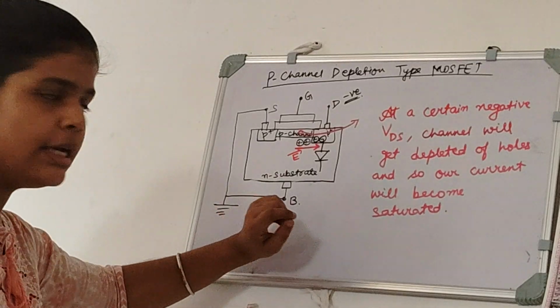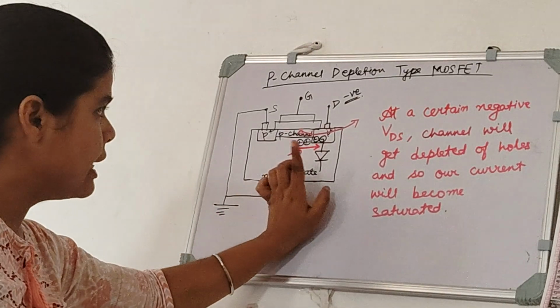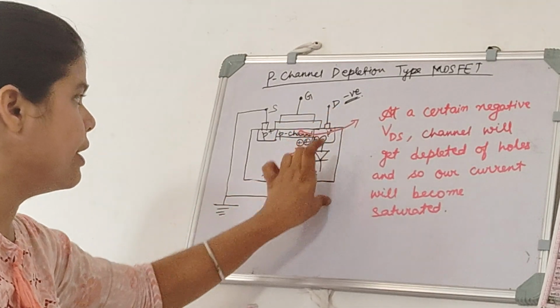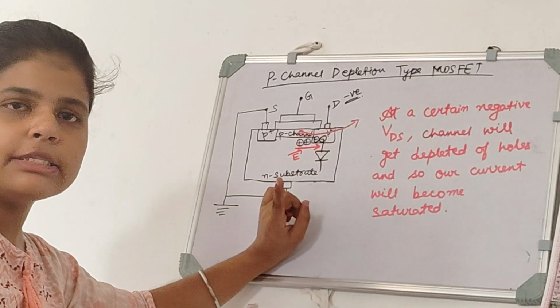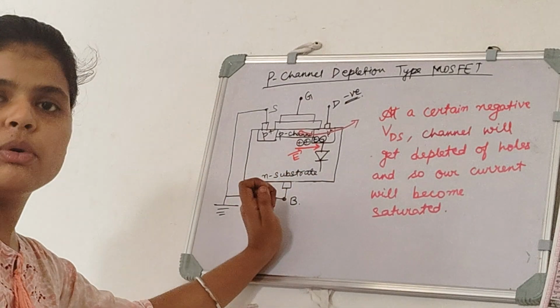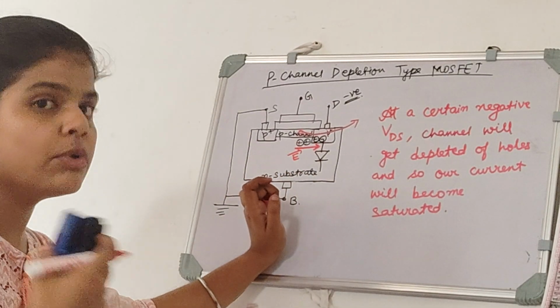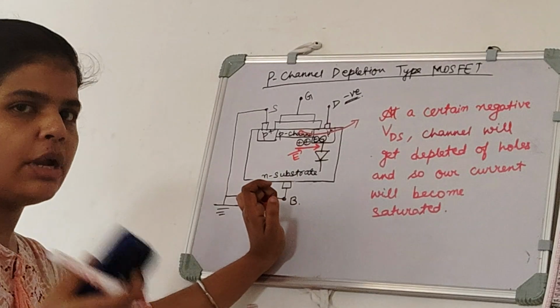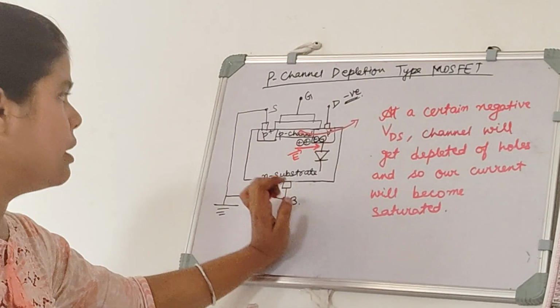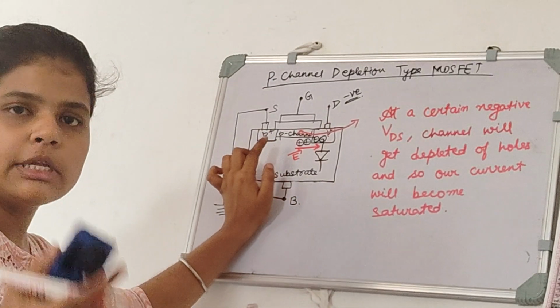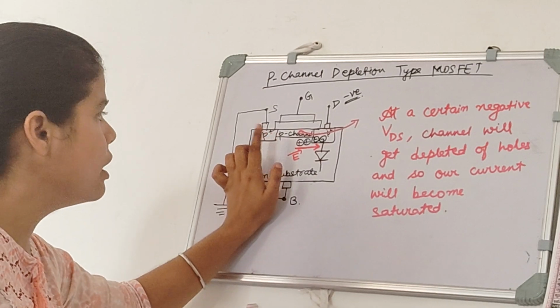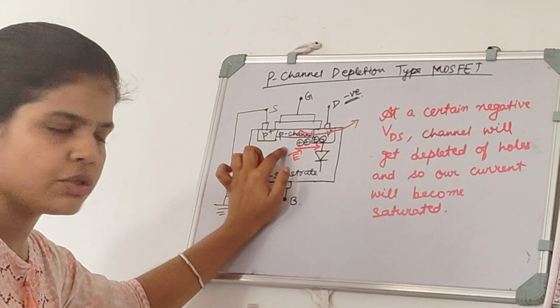So, two things happen when we increase the negative voltage at drain. That is, one thing is that our electric field will become stronger. It will become more and more and more strong. But also this other thing will happen, that the channel will get depleted of holes.